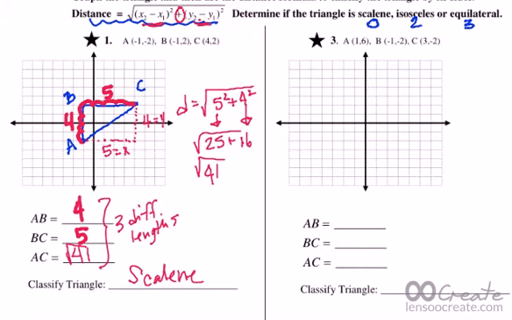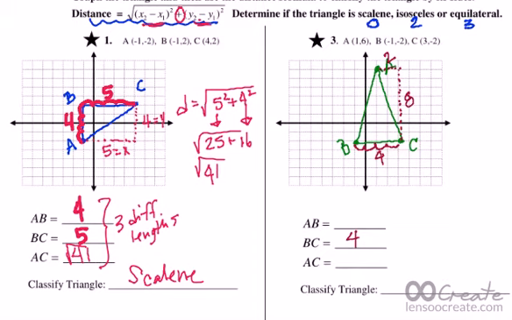Now let's try number 3 since I have it on the screen here. Again, I want you to pause the video. I'm going to graph it and we're going to compare what we have. All right, there's my triangle ABC. I've already calculated the bottom of the triangle. It's 4 spaces going straight across. Filled that in. Again, to calculate the distance between the points on the slant, we can find the distance of the x's, which is 2, and the distance of the y's, if we count that, 1, 2, 3, 4, 5, 6, 7, 8 spaces.